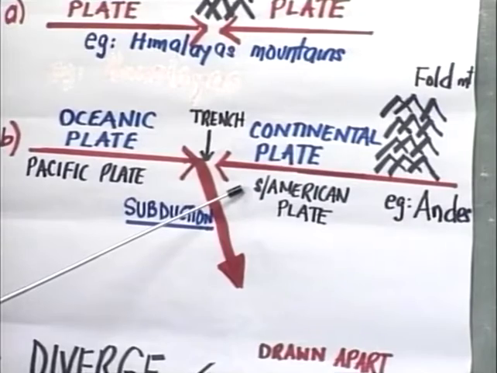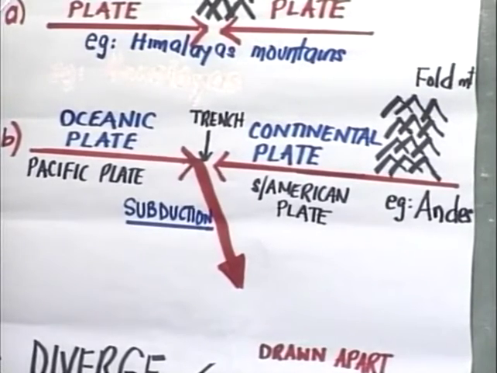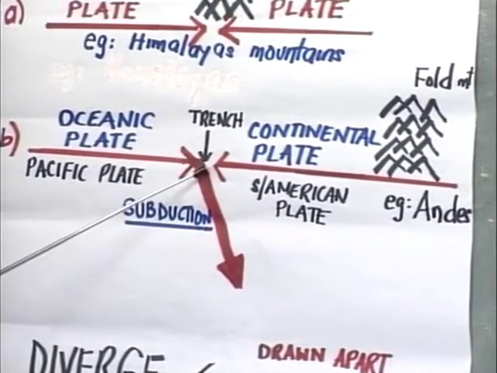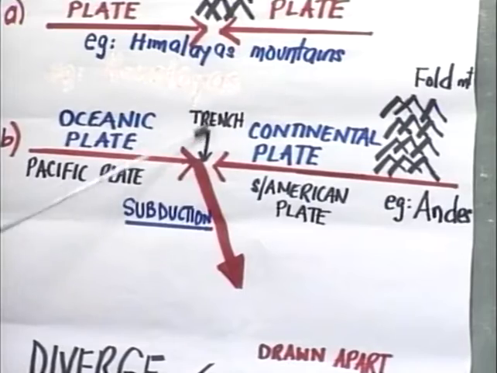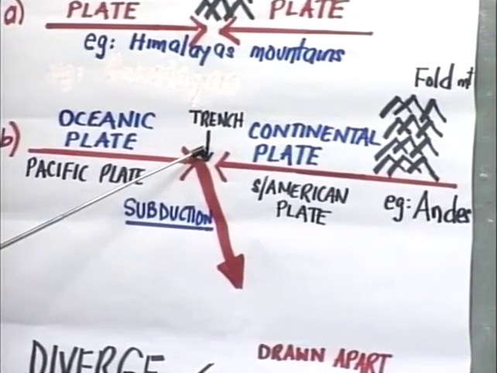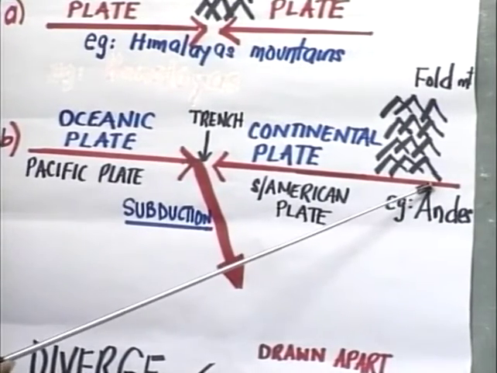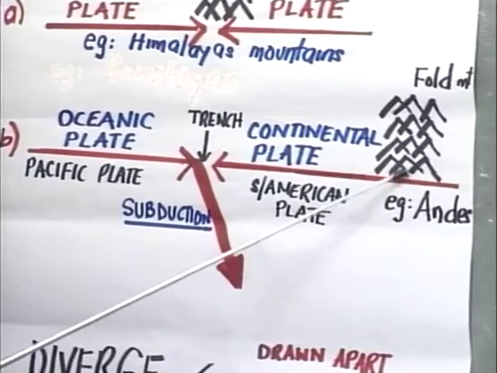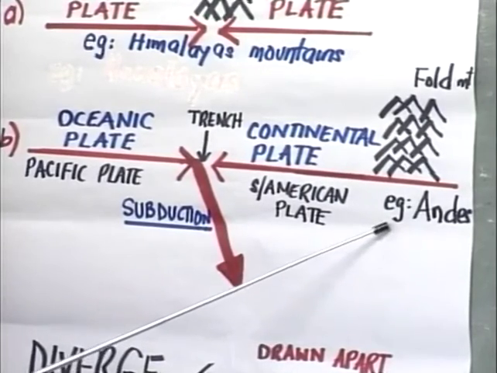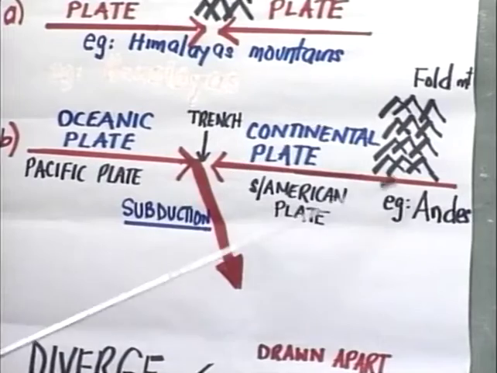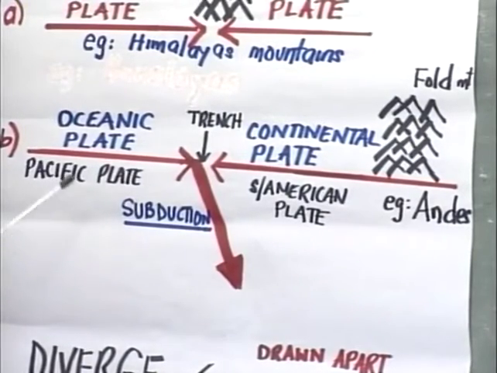Is that true? That process is convergence. Therefore, where they meet, an ocean trench is formed. Meanwhile, on the continental plate, there is the range of mountains referred to as the Andes. You see, the Andes are fold mountains. That's how they were formed, from the convergence of an oceanic plate meeting a continental plate.